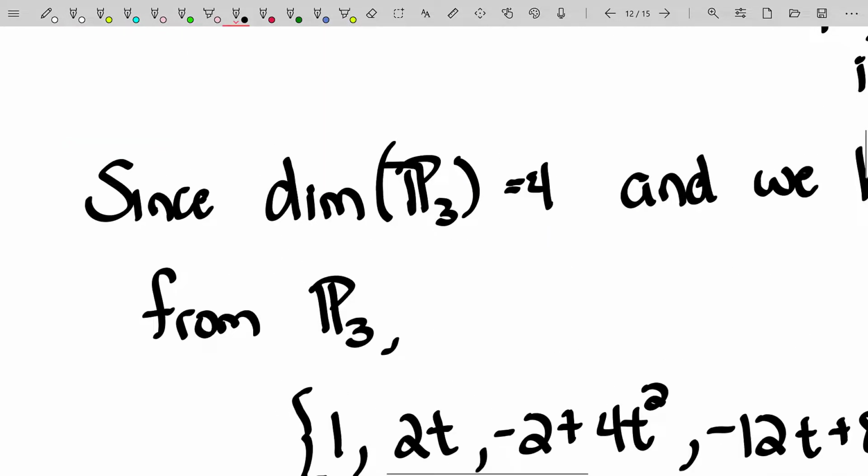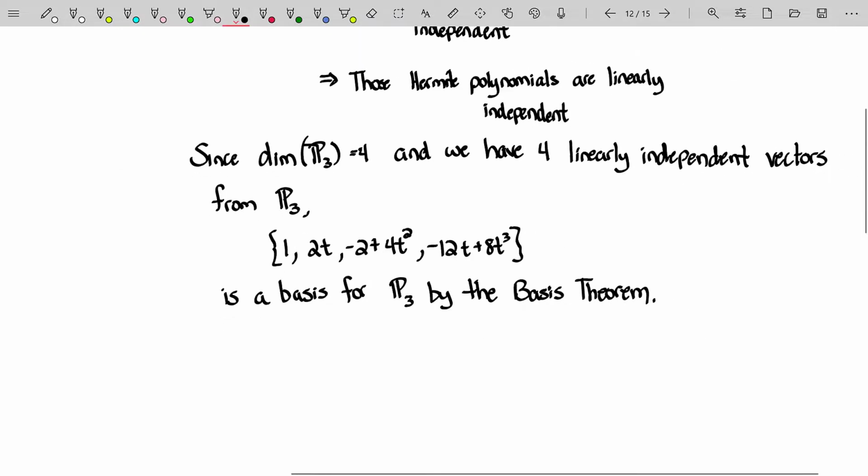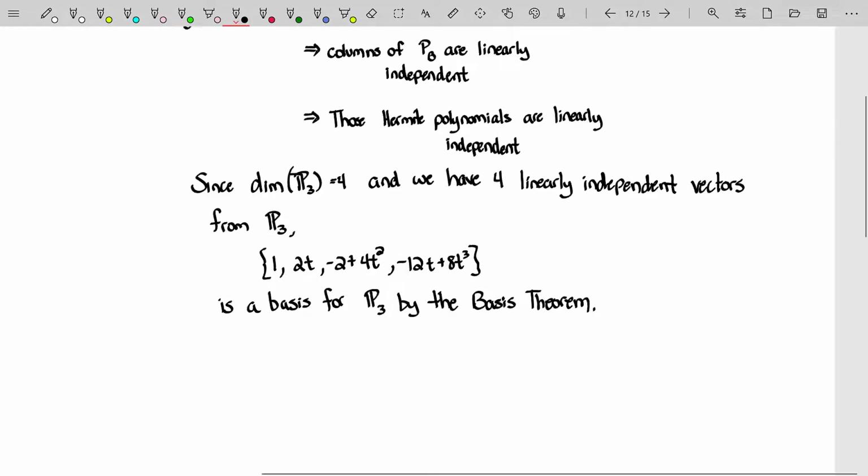Since the dimension of P sub 3 is 4 and we have 4 linearly independent vectors from P sub 3, that set 1, 2t, negative 2 plus 4t squared, and negative 12t plus 8t cubed must be a basis for P sub 3 by the basis theorem.